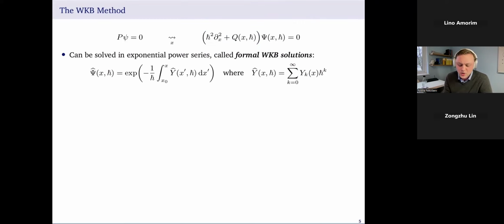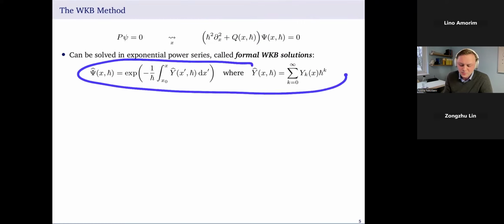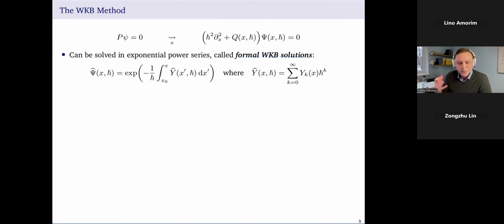So being able to plug this kind of expression in and actually compute, and have basically as good as a closed form expression for a solution, is truly remarkable. It is actually why this method gained so much popularity 100 years ago in quantum mechanics.